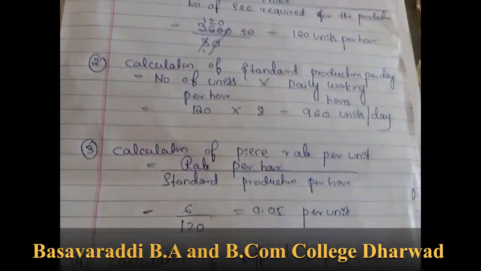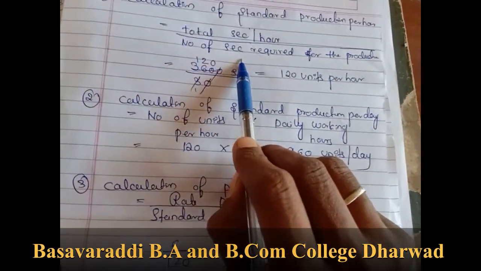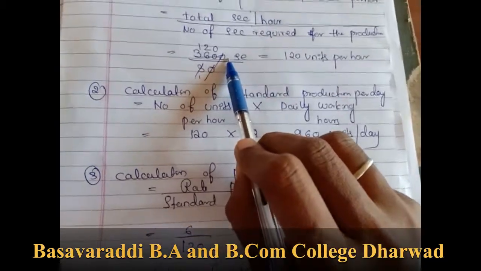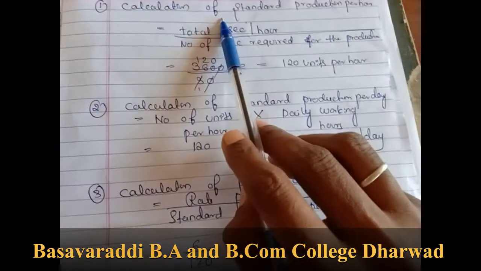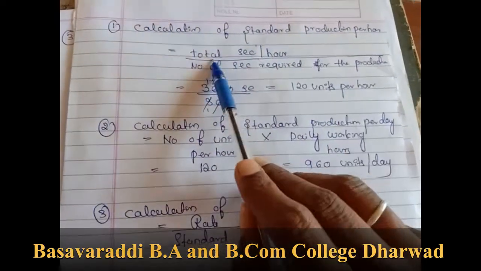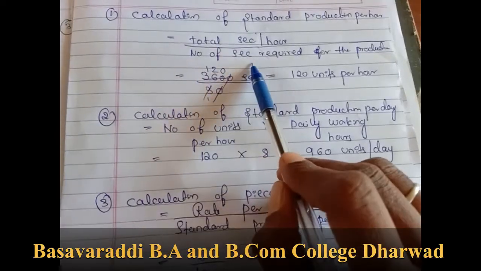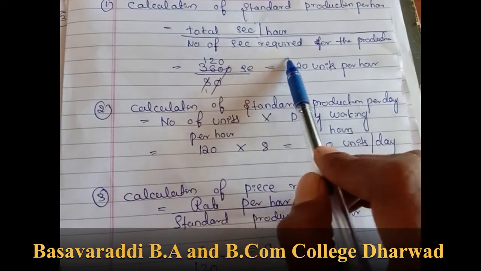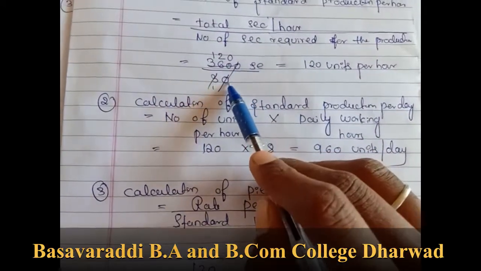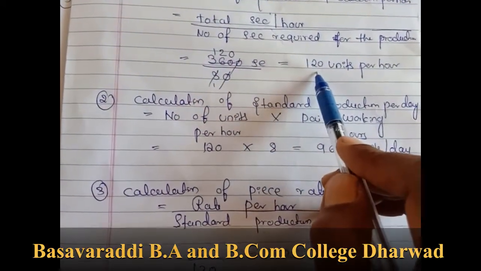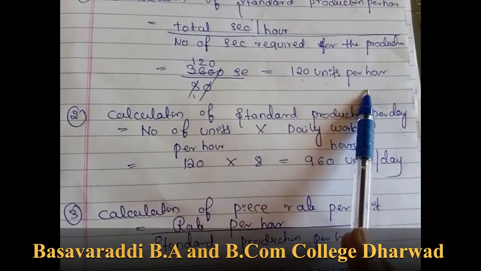First, we have to consider whether the time is given in seconds or minutes. If given in seconds, take 3600; if in minutes, take 60. First, calculation of standard production per hour: total seconds per hour divided by number of seconds required for the production of 1 unit. 3600 divided by 30, that is 120 units per hour.